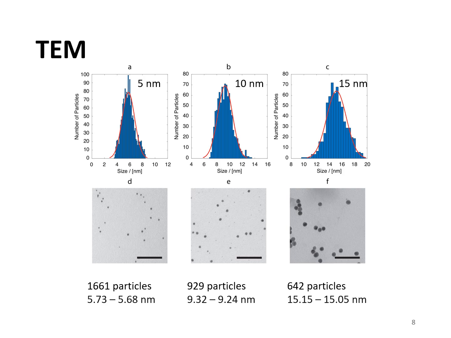However, for 5 and 10 nanometer gold nanoparticles, the measured average sizes were 5.73 to 5.68 nanometers and 9.32 to 9.24 nanometers, respectively, showing a noticeable offset.